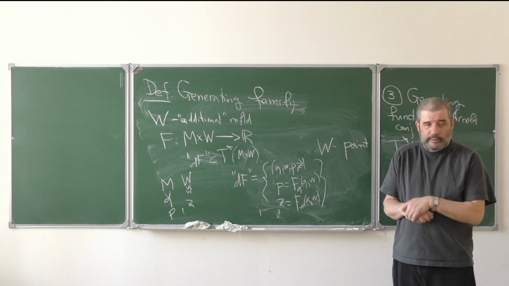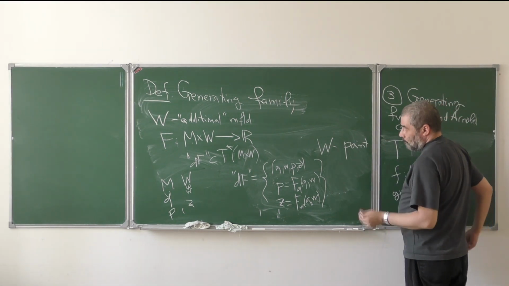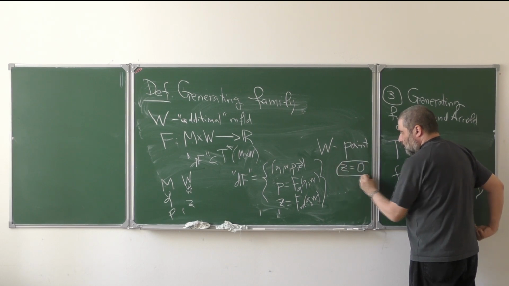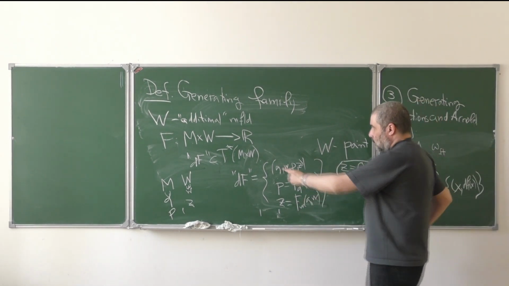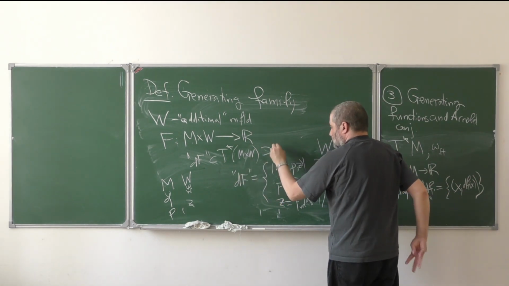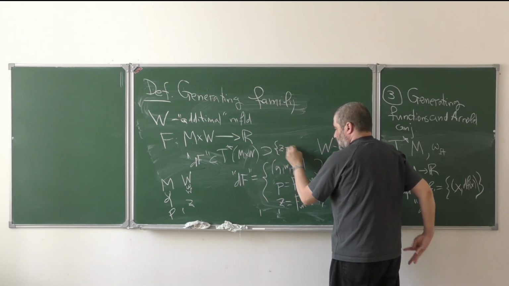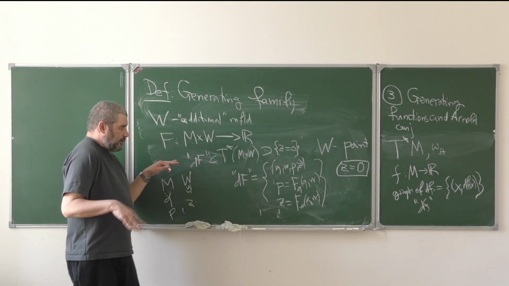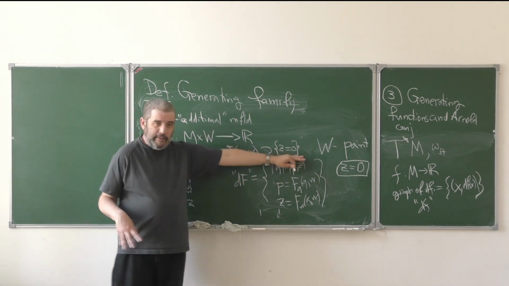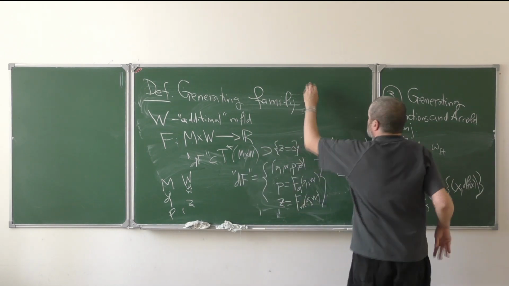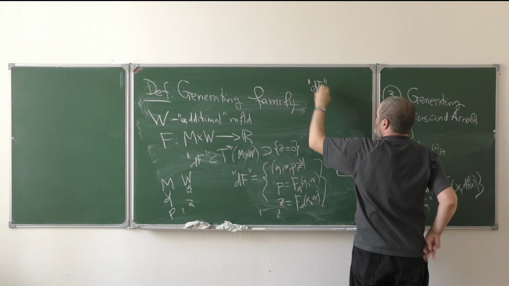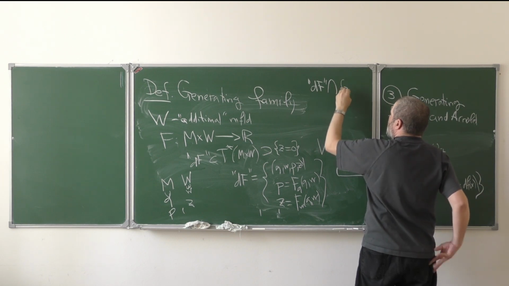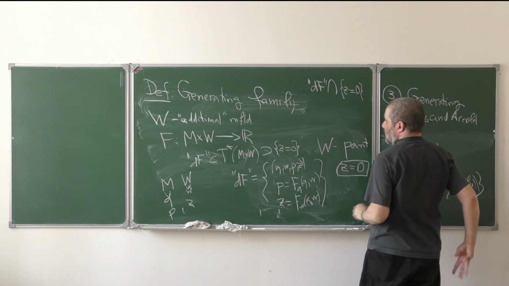Now I want to take the intersection with the subset where Z is equal to 0. That is a subset in that set. And I take the intersection of dF with that. What is Z equal to 0, by the way?